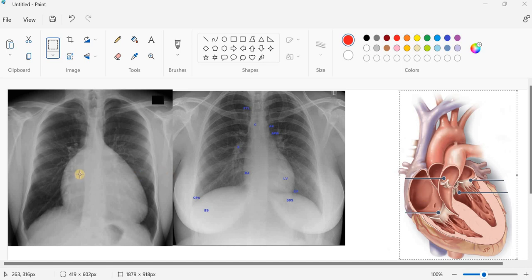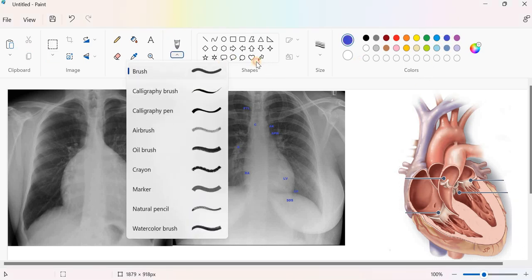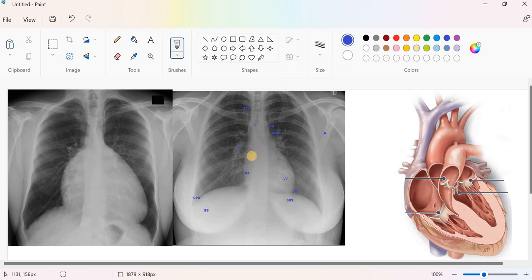So if we compare this to that, we will see in the normal heart X-ray shadow that this is, as we mentioned before, the convexity or the contour of the right atrium. It is normally a little bit to the right side of the midline, if we consider this the midline of our image.